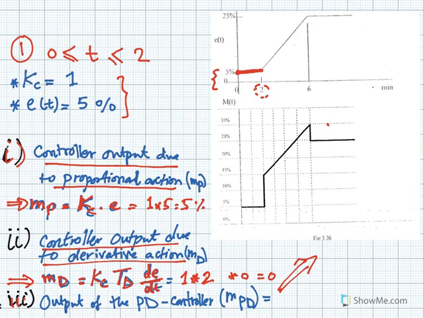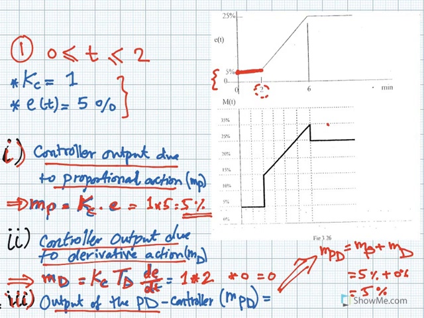Now for the third step, we find the total output of the PD controller. MPD equals MP plus MD. The MP is already 5%, plus MD, which is 0%, equals 5%.